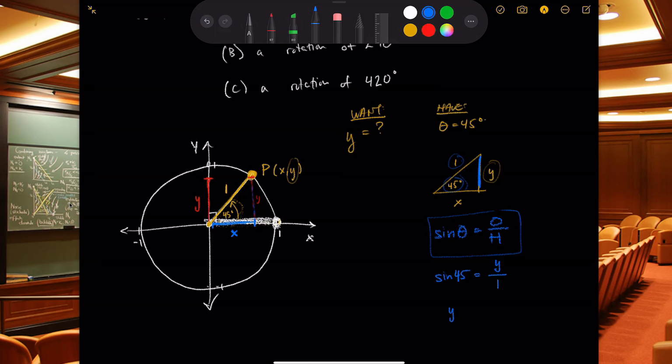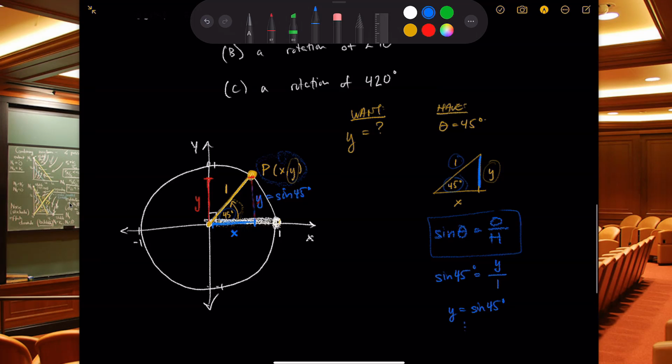So that tells us that y must be sine of 45 degrees. So y equals sine of 45 here. So sine gives us the height. And since I made this for the arbitrary point P, this will always be the case no matter what theta is.